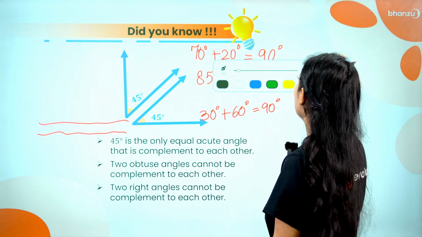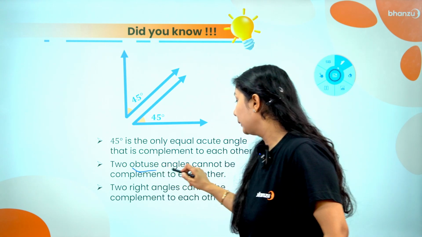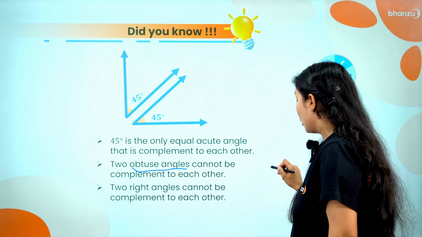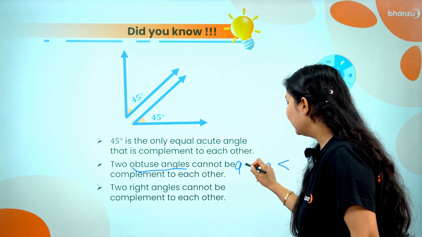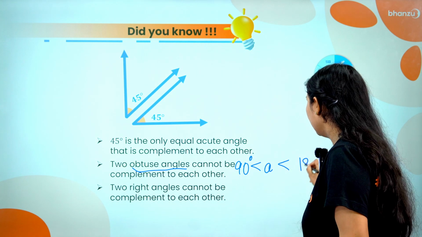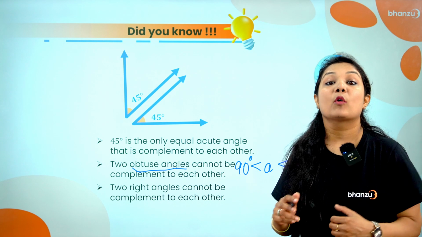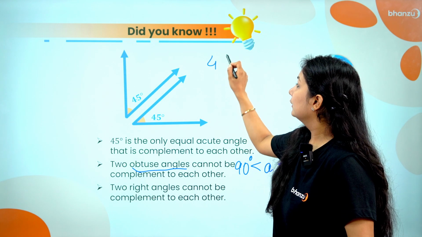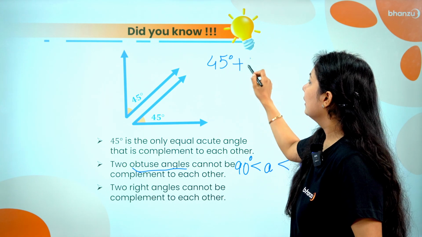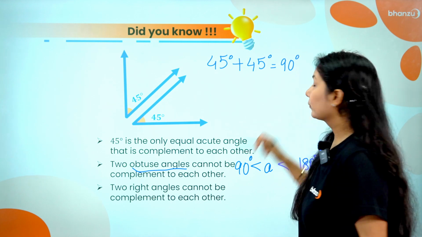Let's have a look at it, because in the previous session we had talked about that obtuse angles are the angles whose measure lies between greater than 90 degree and less than 180. If one of the angles is greater than 90 degree, how can we have its complement? Because complementary angles are the angles, the sum of whose measure is 90 degree, right?